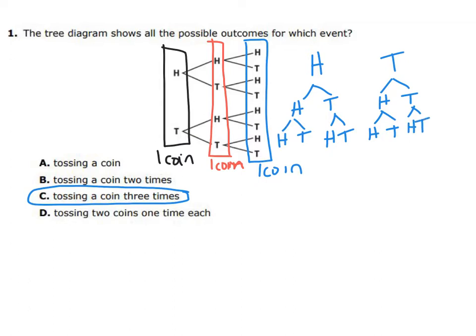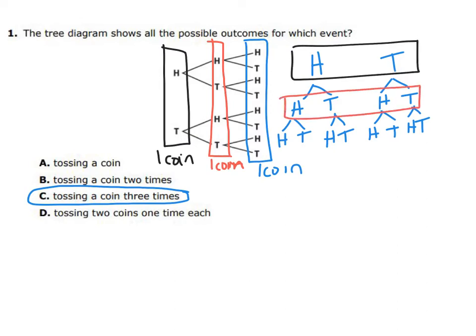In this case, the first part would be 1 coin. The next part is another coin. And then the last part is your third coin, or your third toss. It doesn't have to be different coins. Like I said, it could be just different tosses.